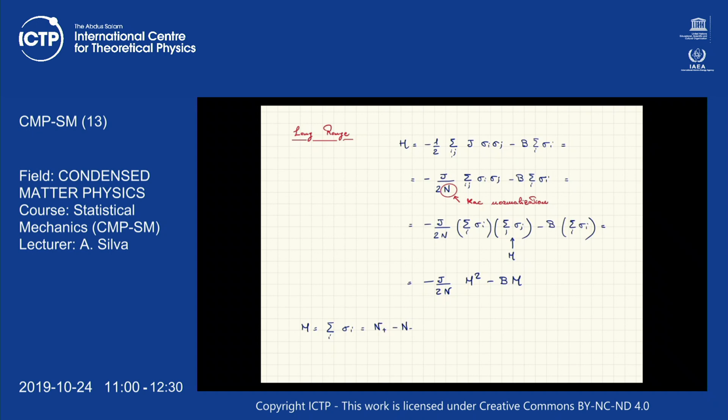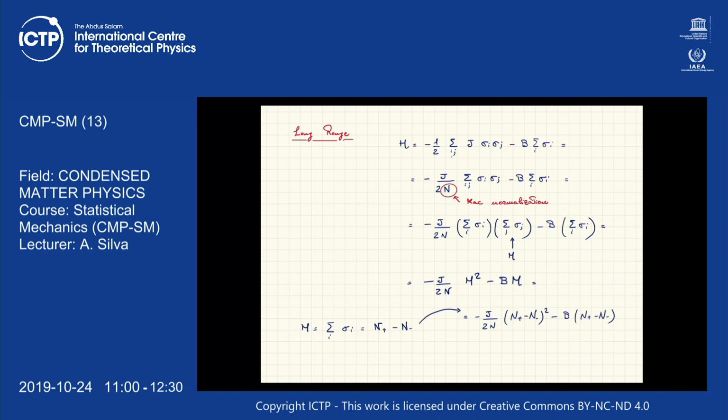So in other words, if I plug in this expression, I can rewrite this as minus J over 2N, (N plus minus N minus) squared, minus B (N plus minus N minus). Okay?